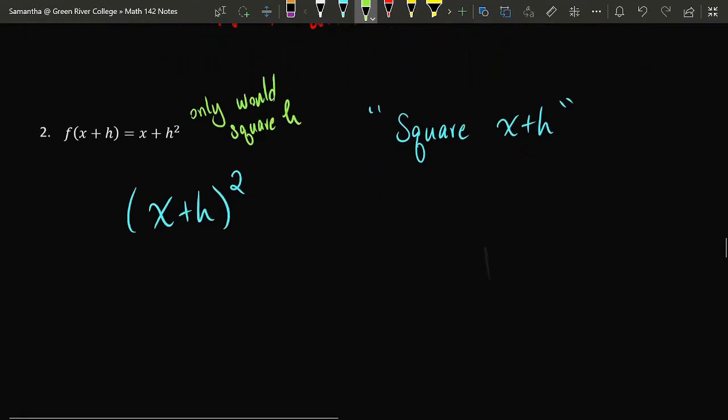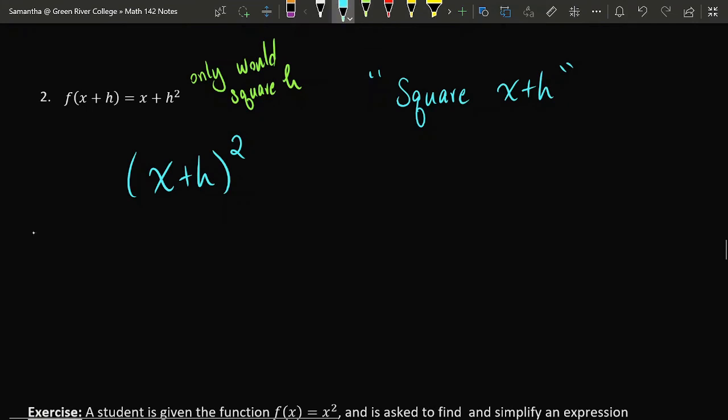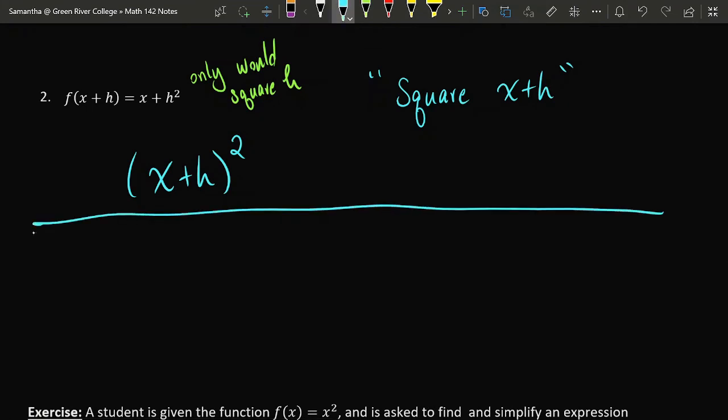This is a common error that comes up quite often when students are asked to square negative numbers. For example, if they were asked to evaluate f of minus 2, then a common error is to write down minus 2 to the power 2.